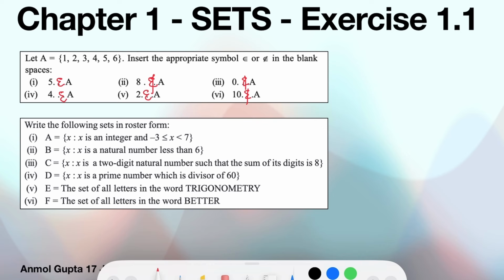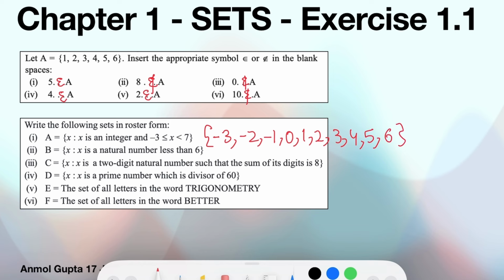Write the following sets in roster form. A equal to the set of all x such that x is an integer and x is greater than or equal to -3 and less than 7. So in roster form it can be written as -3, -2, -1, 0, 1, 2, 3, 4, 5, 6.